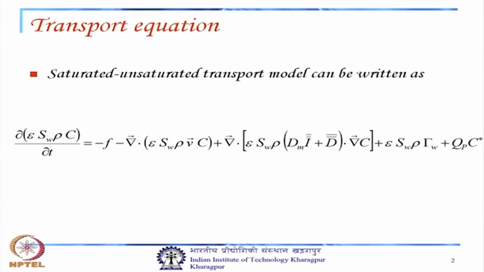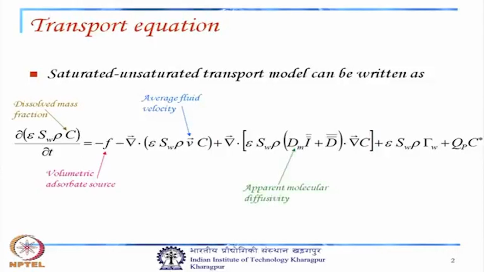Next is the saturated unsaturated transport model. This is basically porosity, water saturation, density, and this is dissolved mass fraction. Then volumetric adsorbate source, other things, that is average fluid velocity.